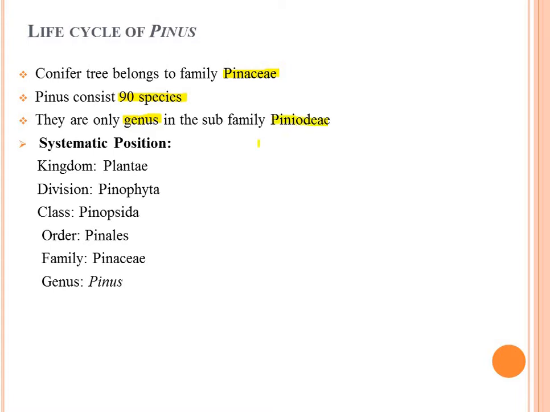Now see the systematic position of Pinus. Pinus belongs to kingdom Plantae, division Pinophyta, class Pinopsida, order Pinales, family Pinaceae and genus Pinus. This genus consists of about 90 species worldwide.